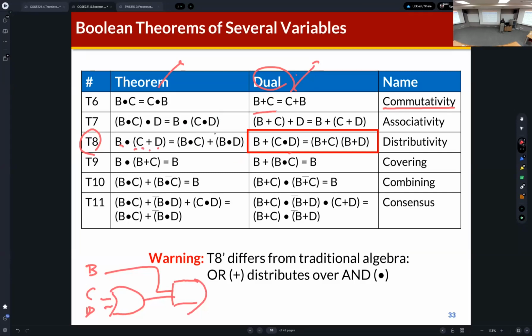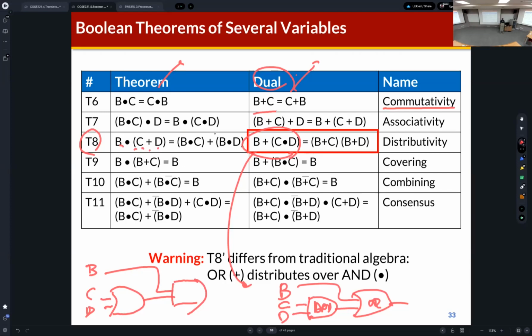If we rewrite this equation, then it looks like B and C and D, with the AND gate first, and then the OR gate. So actually these gates are just changed, but the form is the same.